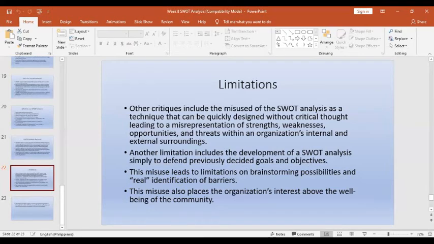And another limitation of the SWOT analysis is the misuse of it, of course, against the best interest of the people. Sometimes it is used for personal interest, but we have to consider the utilitarian or the public interest.